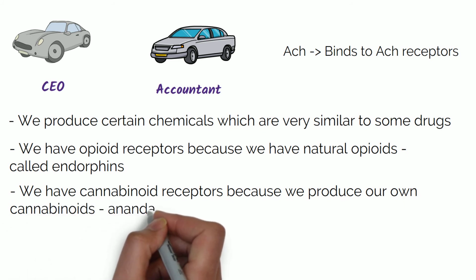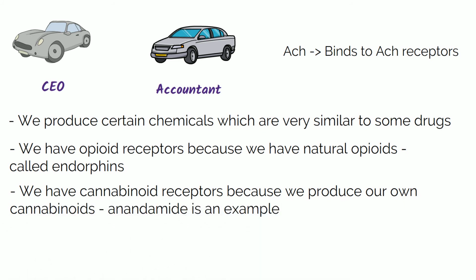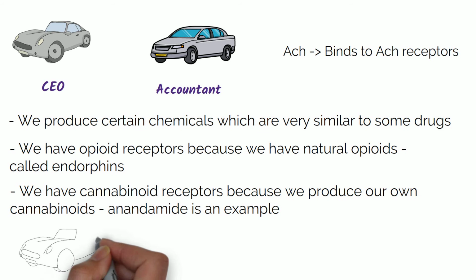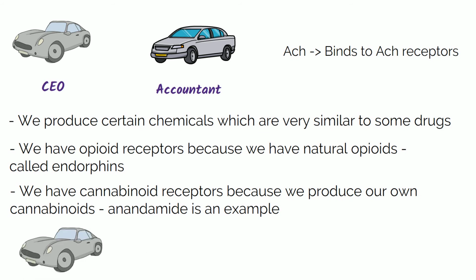So if you think of that car park with marked spaces, if someone was to park on the CEO's space when they're not there, and they've got the same car model, same color, and even the same number plate, so that other people wouldn't even notice that that's someone else's car, that's what happens when drugs bind to our receptors. They're so similar to the chemicals that we produce that they just bind to those receptors without problems.